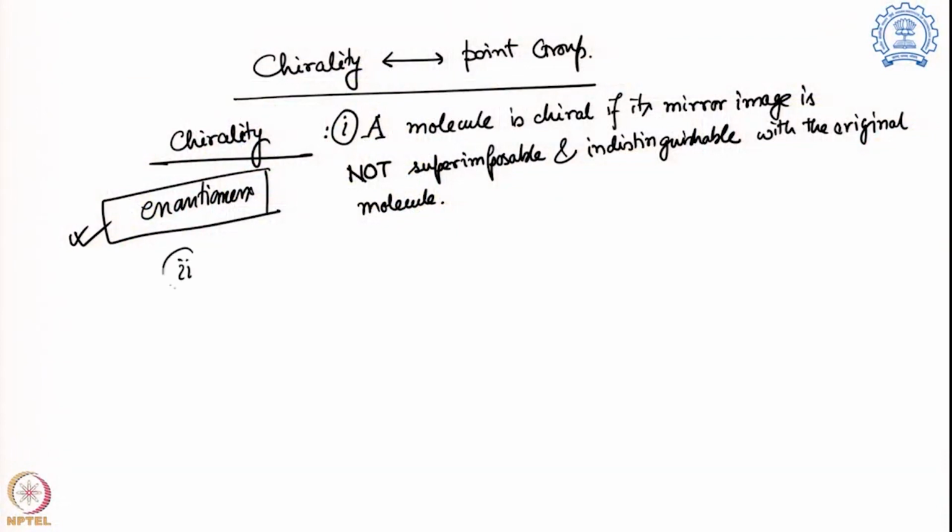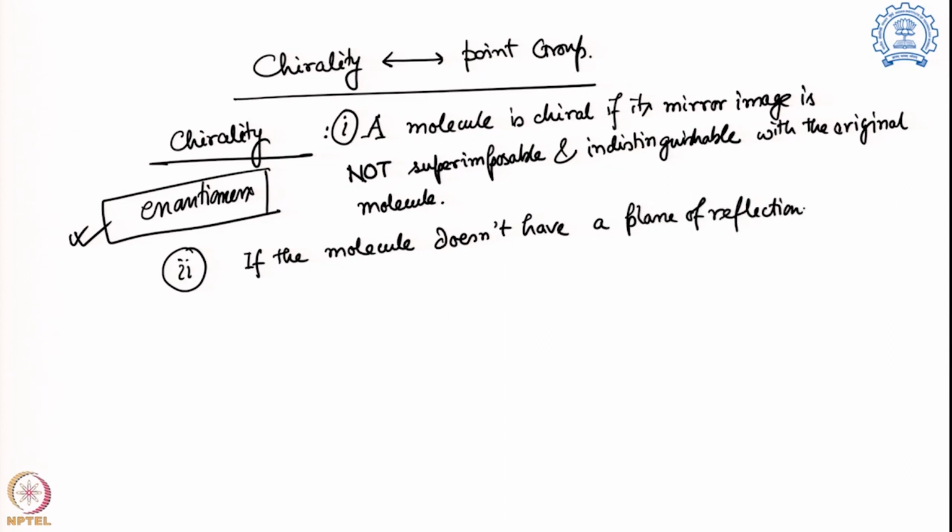The second definition was: if the molecule you are looking at does not have a plane of reflection, it will be chiral.